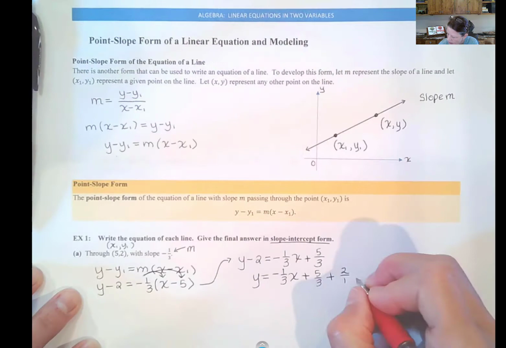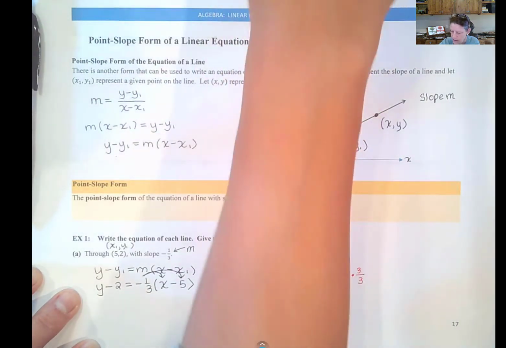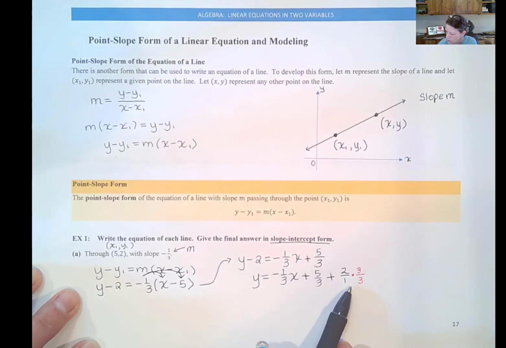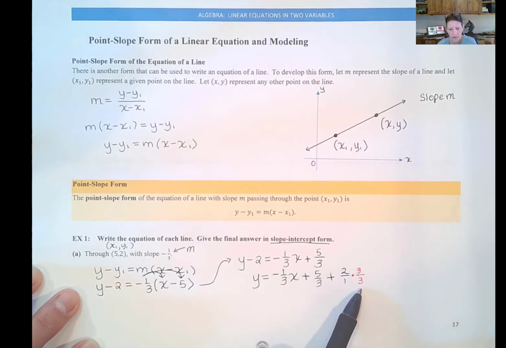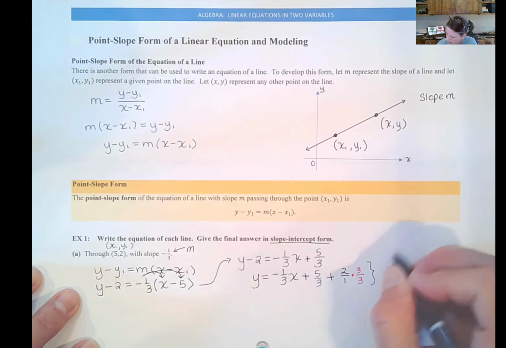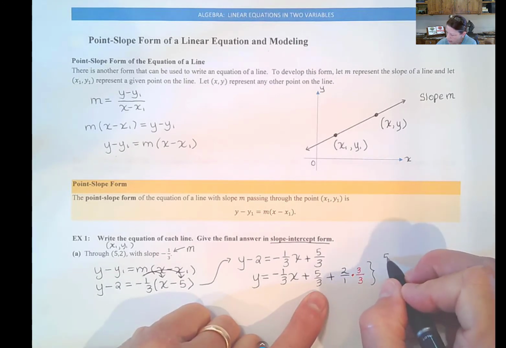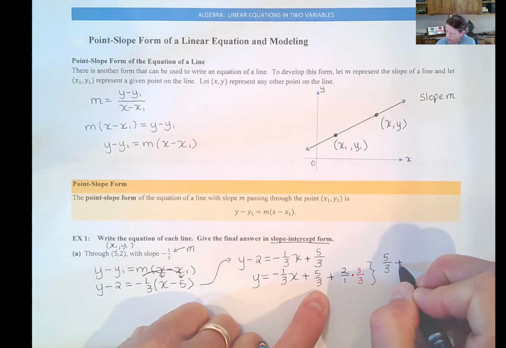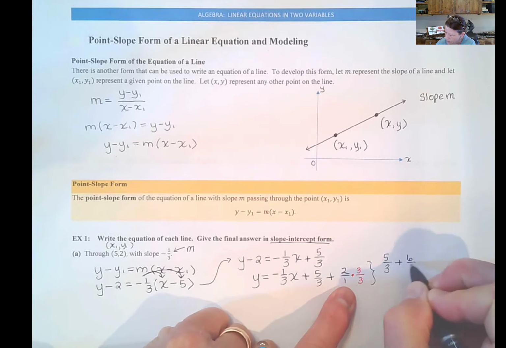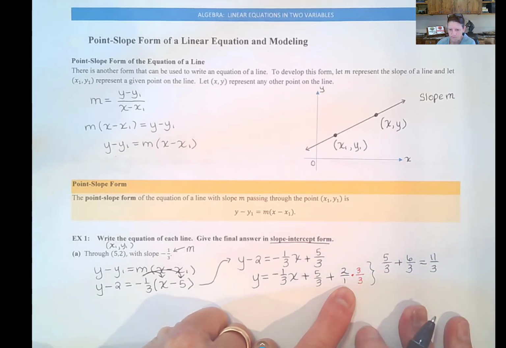Now to add these fractions, we need a common denominator. Our LCD is 3. So let's multiply 2 over 1 by 3 over 3. Okay. And let's just kind of step out here to the side. So as we add our fractions, we have 5/3 plus 6/3, and that is equal to 11/3.